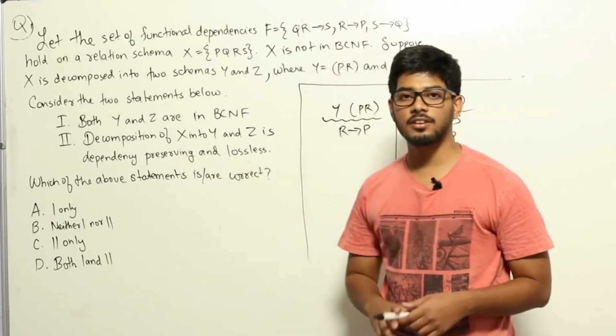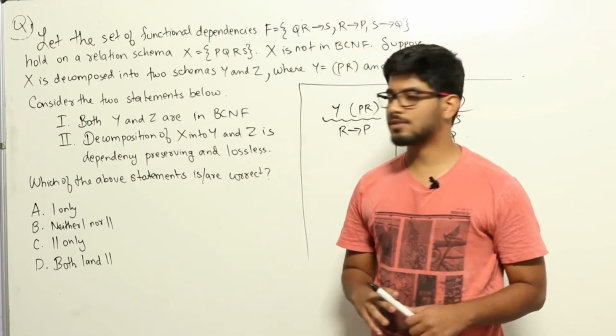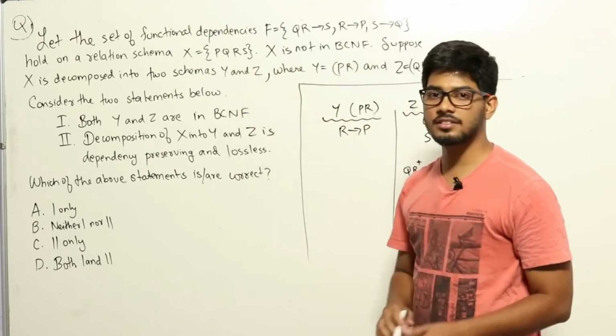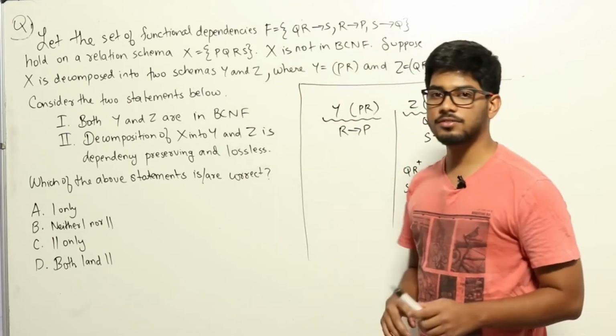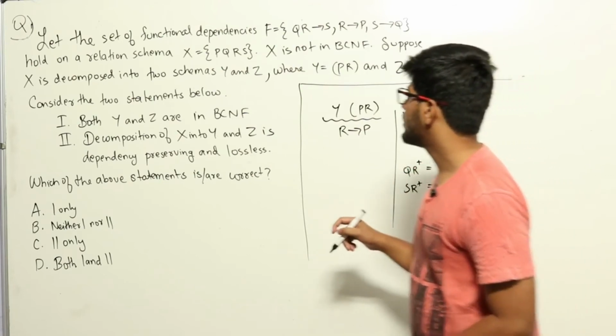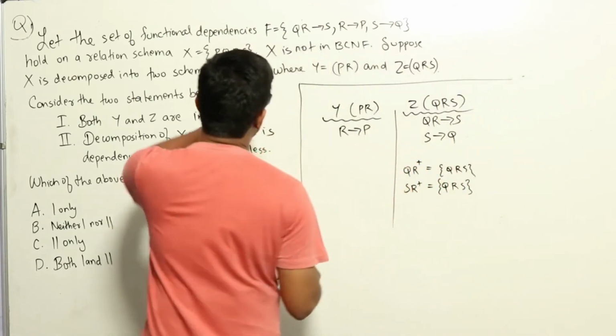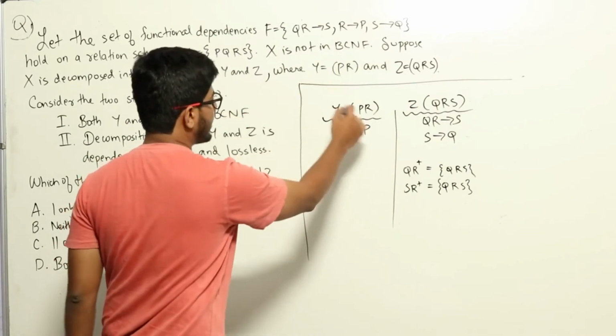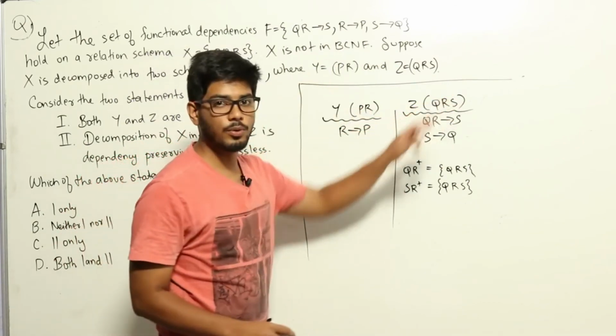4 options are given. So this is a question from DBMS topic regarding normal forms and functional dependencies, etc. So if you don't understand all of this, please refer to the video lectures to learn more about those. Now let us take a look at the two new schemas, Y equal to PR and Z equal to QRS.